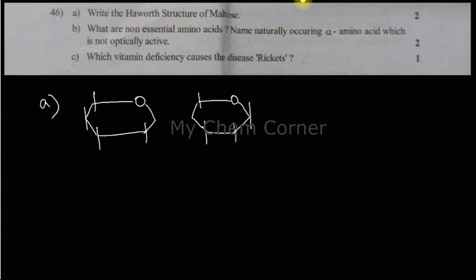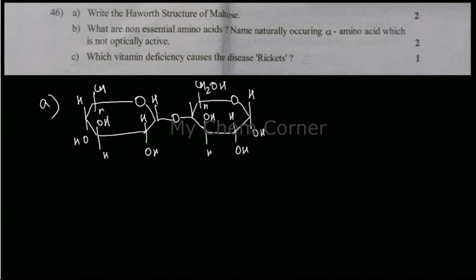Alright, now I'm going to write it with hydrogen and OH. Now when you're learning this, you have to learn it from the basic structure, so it becomes easier for you to identify it. This will become oxygen here. This is hydrogen, OH and a hydrogen, H and OH. Then you have here OH and H, H and CH2OH. You write it correctly, you get 2 marks.